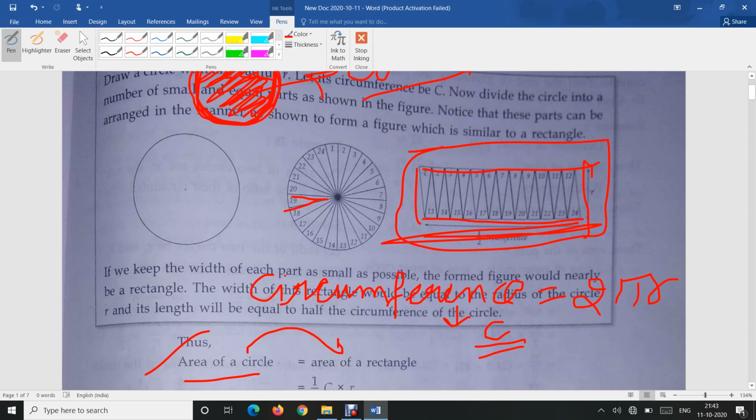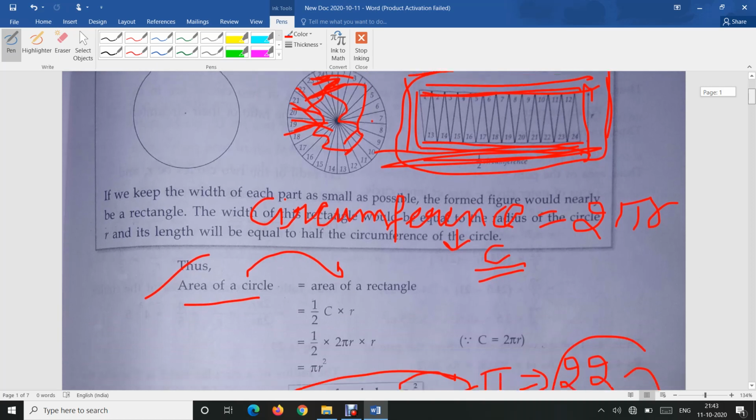So obviously these small parts are in the entire space of this circle, and if we put these small parts in this way, then this will form a rectangle, and we know the area of a rectangle.